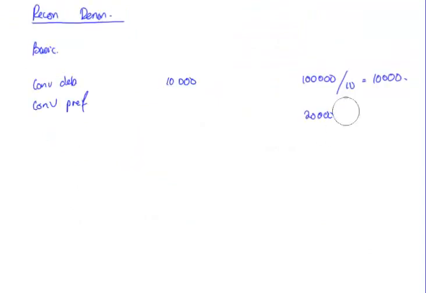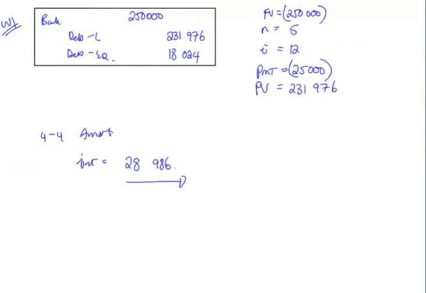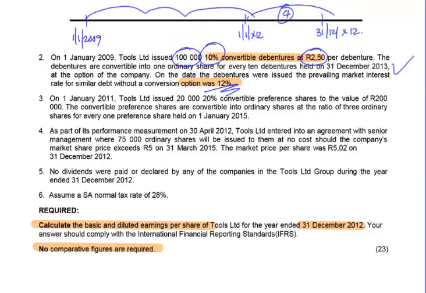So these 20,000 times 3 is 60,000 ordinary shares. These you would always prorate for a year. So if these items were issued during the current year, which they're not, you would prorate them for 6 or 8 or 9 over 12, as the case may be. Not the case here, though, so let's not stress about that. Right, that's that one done.